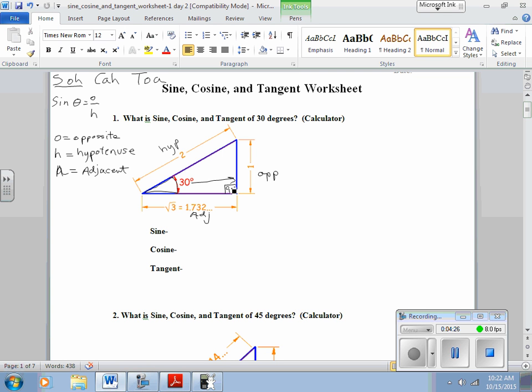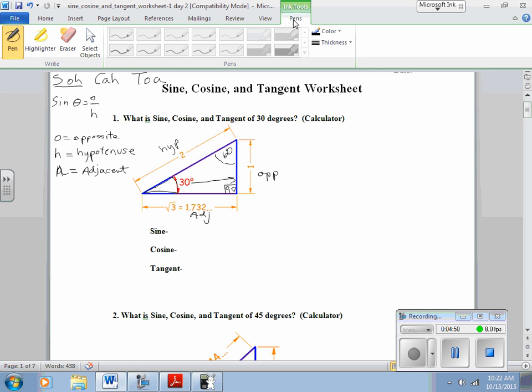Okay. Now I haven't done anything to label that angle yet, and the reason why is if you refer to this angle instead, that changes your opposite and adjacent if that's the angle you're going to use. So keep that in mind, okay? If you do that, it does change your opposite and adjacent.